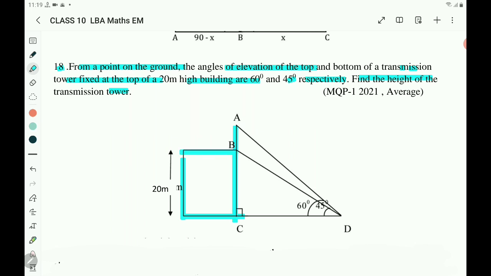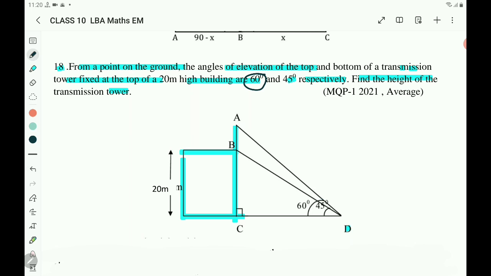Height of the building is 20 meter and from the point D, the top and bottom, top is A and bottom is B. The angle of elevation of the top of the transmission tower from the point D is 60 degree and the angle of elevation of the bottom of the tower from the point D is 45 degree.